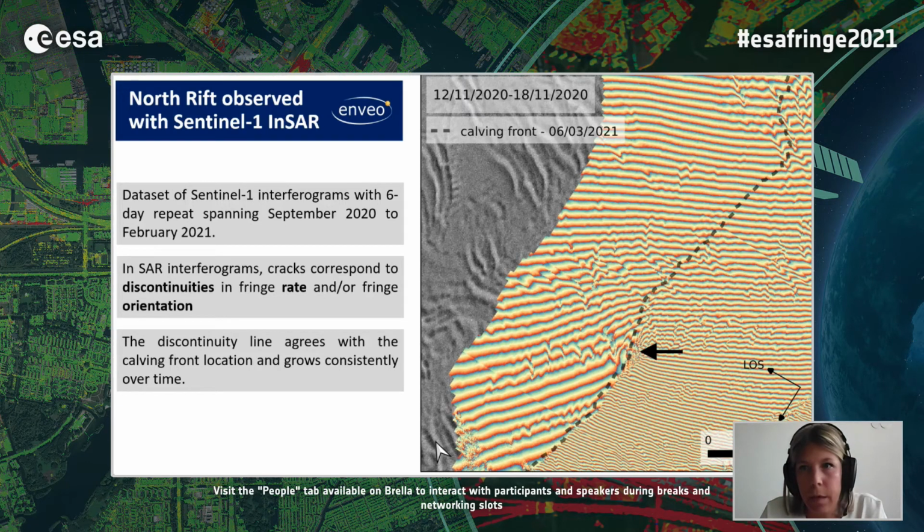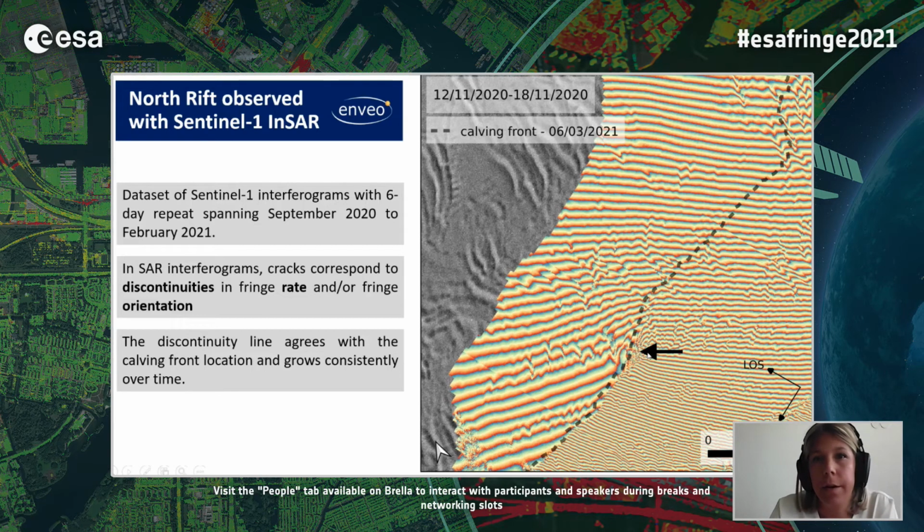We also see on this image that we have overlaid the calving front location after the calving event, which has been manually delineated, and this is used for validation of the crack location because we don't have much data for validating this. What we see is that in mid-November, we have a discontinuity line that is going up to this point, shown by the arrow.